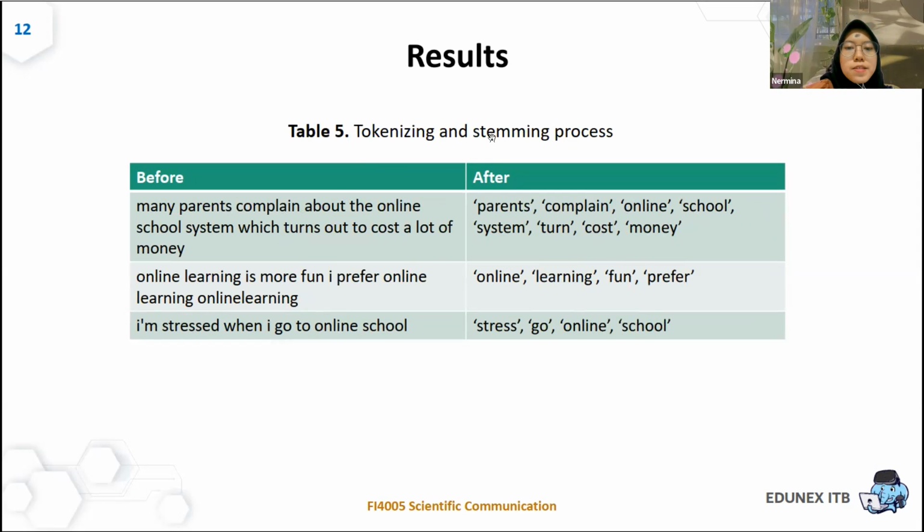Okay, the next step is the tokenizing and stemming process. Tokenizing is changing a sentence into words, and stemming is changing a word into its basic word. From table 5, the one sentence changes into 8 words, and each word is a basic word.